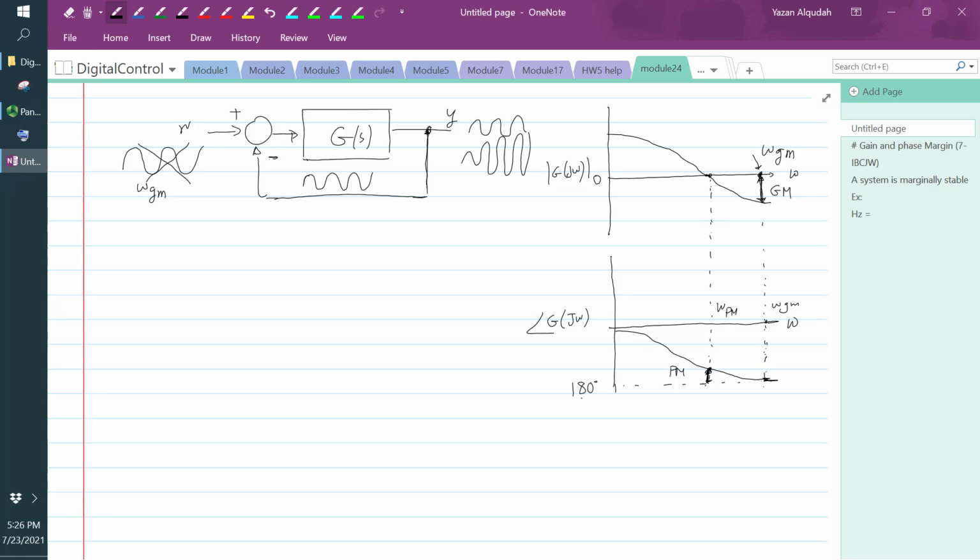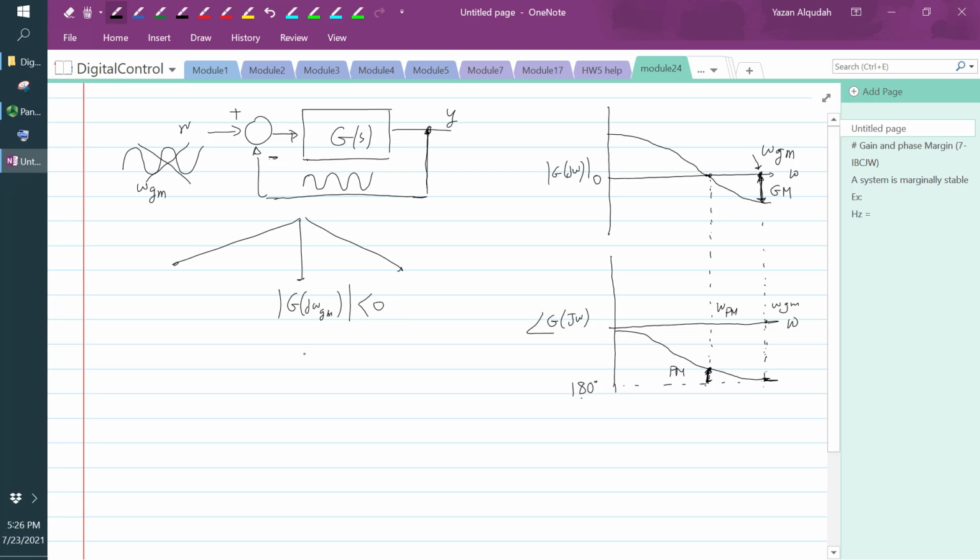So again, we have three cases of what could happen. We have a case when the gain is less than 0, so the gain G of j omega gm is less than 0.